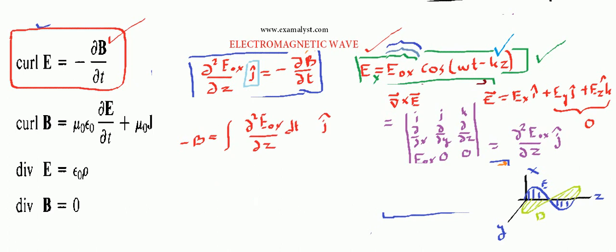Now can you calculate this part? All you have to do is differentiate. Oh, I made a mistake somewhere. Let us see. Here I should have a square, and here I should have a square.